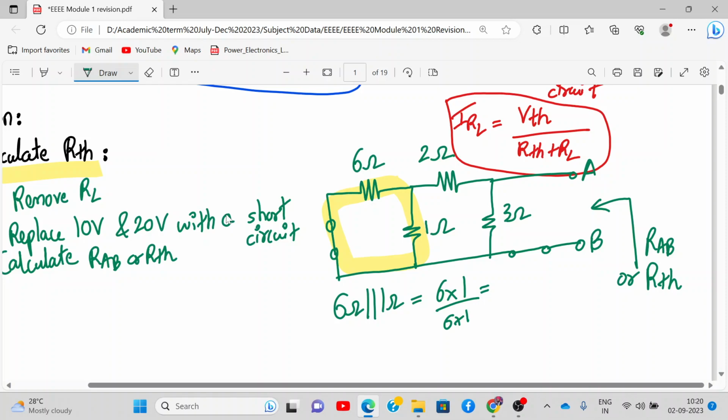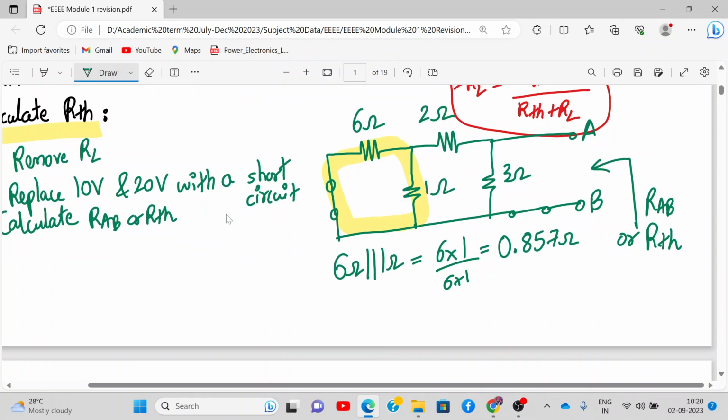That's 6/7, in fraction form, and in the calculator it comes to 0.857. Got it? Yes, correct.